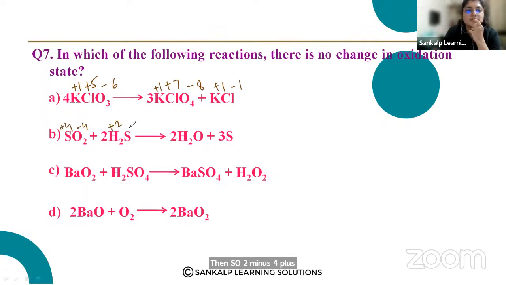This is plus 2, minus 2. Minus 2, plus 2, this is 0. Barium: minus 4, plus 4. Minus 8, plus 2, plus 6, SO4 is minus 8.